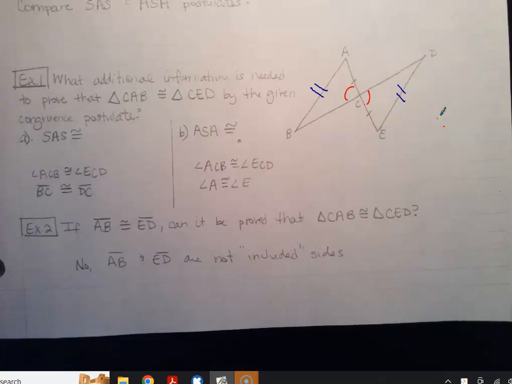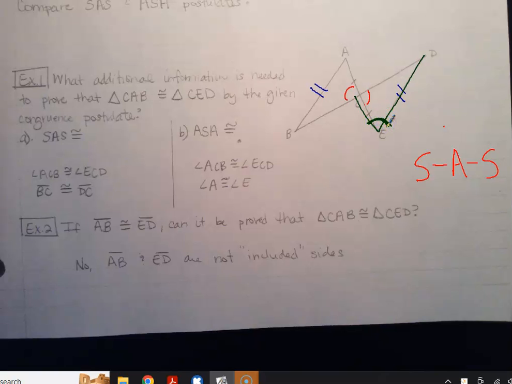No, we cannot, because side, angle, side, it has to be the side touching the angle that touches the other side. They're not touching. This side touches this side, but we don't know anything about this angle here.